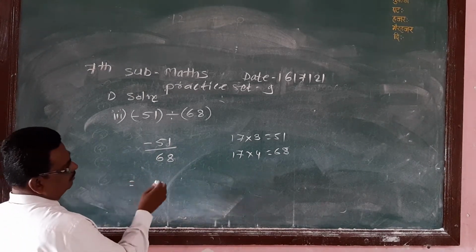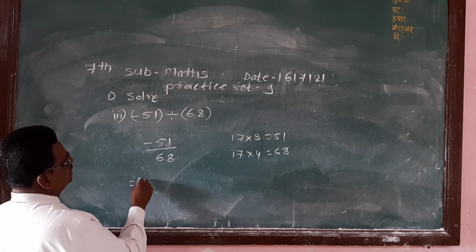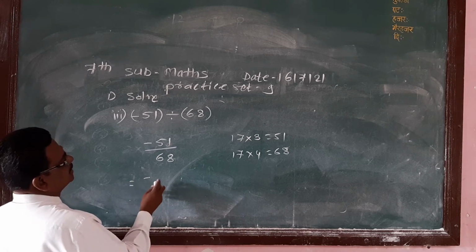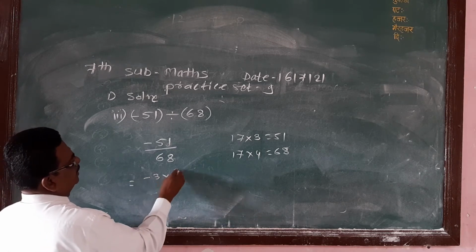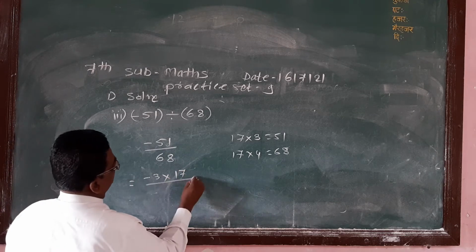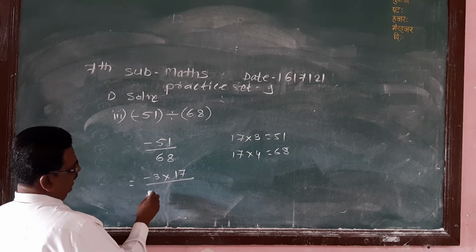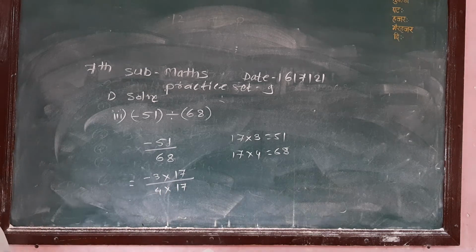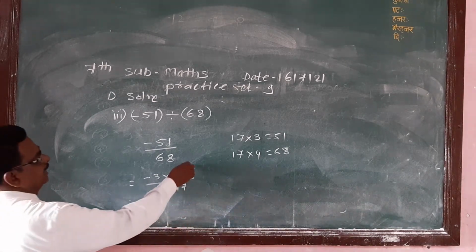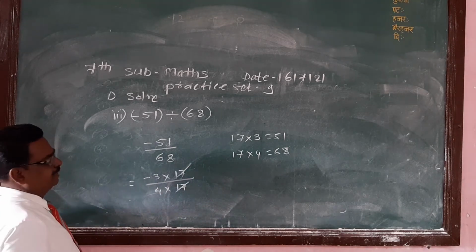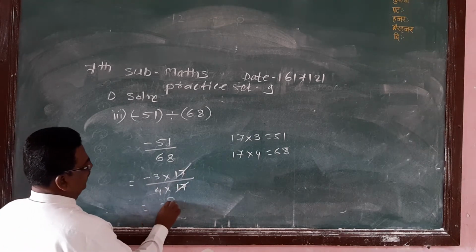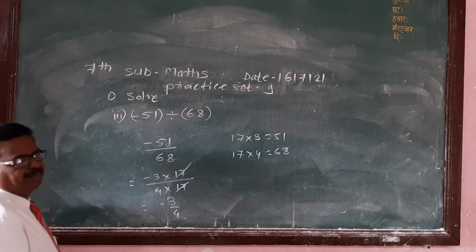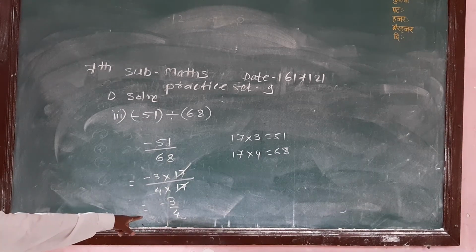So we will write in this way: minus 3 into 17 upon 4 into 17. Cancel 17, 17. Minus 3 upon 4.